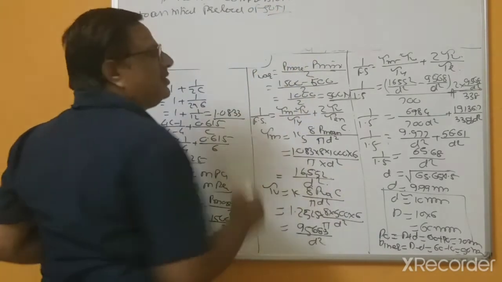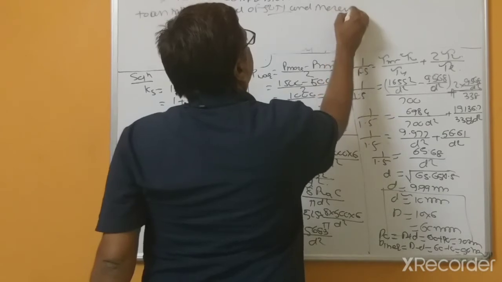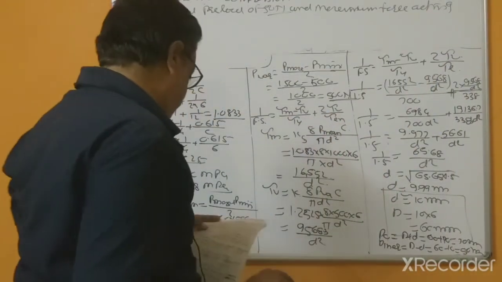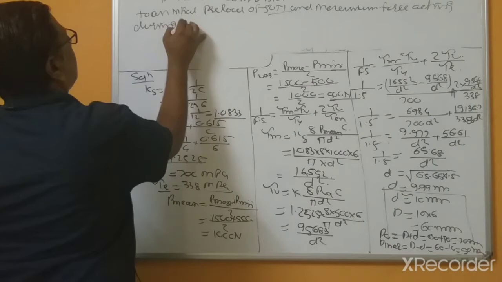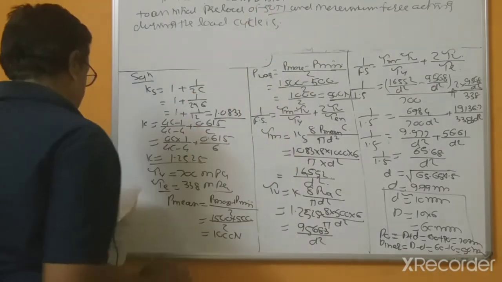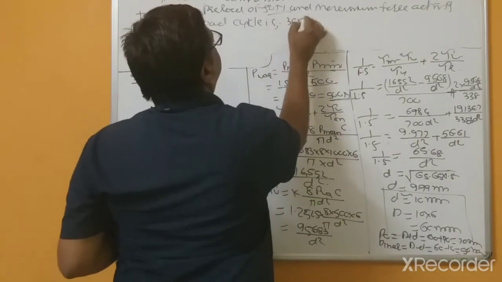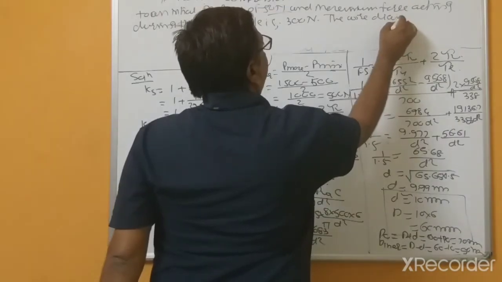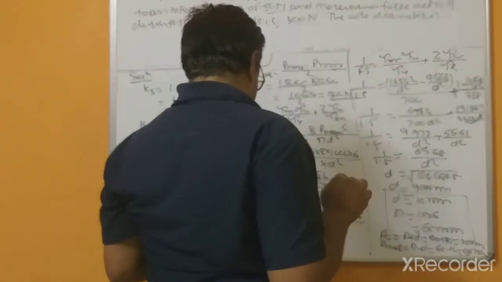This is a very small load, so the diameter is also less. 50 newtons, and maximum force acting during the load cycle is 300 newtons. The wire diameter is 5 mm.